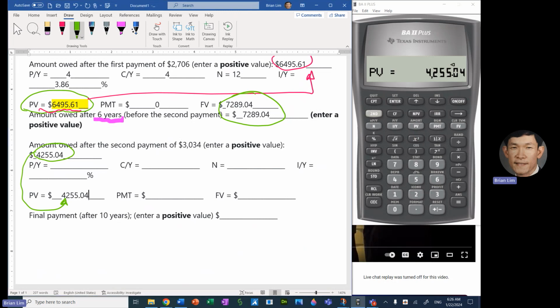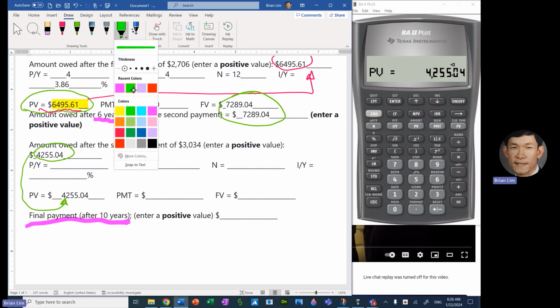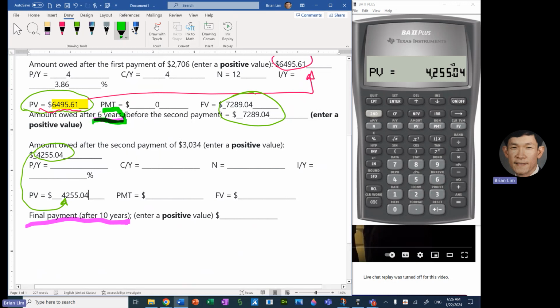Now, final payment. Final payment occurs 10 years after. But how many years have gone by? Well, we have the number right up here. This number right here, that's 6, but let's maybe change the color and then you will see it better. So this is the 6 years right here, and this is 10 years down here. So we go 10 minus 6.